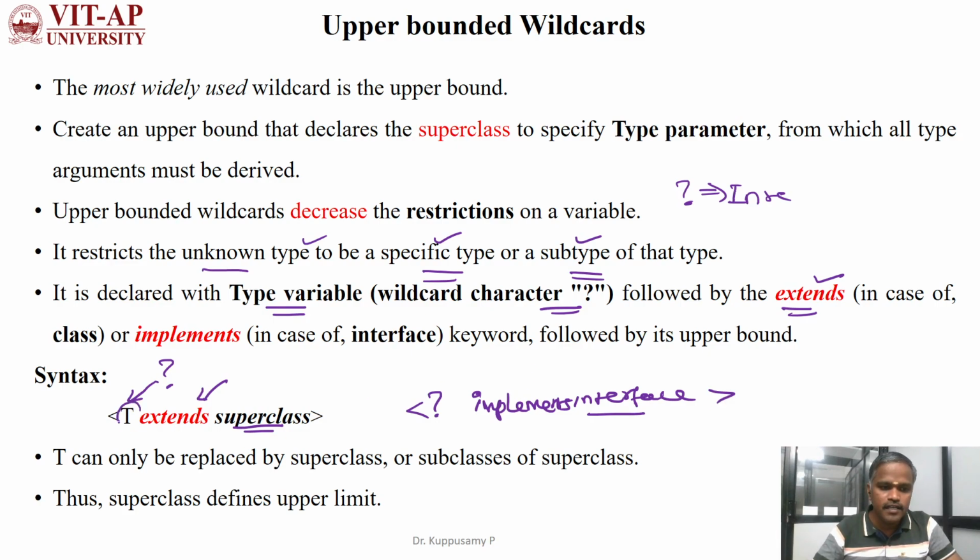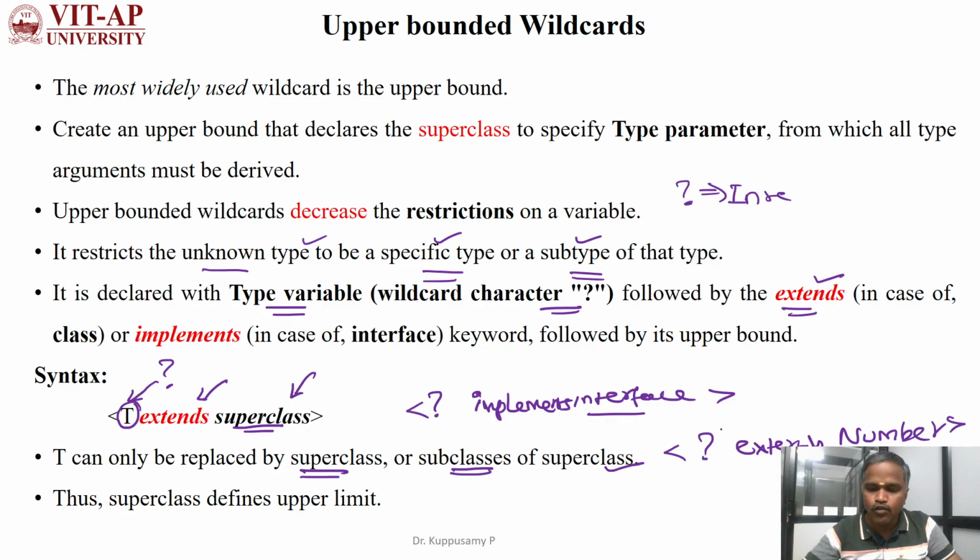Here this T is replaced by the superclass or a subclass of the superclass. So here we are using the superclass. Suppose the superclass is Number, then we can extend it with the question symbol. So here the wildcard is defined. This wildcard will be used for accepting the subclass or child class of this Number class.